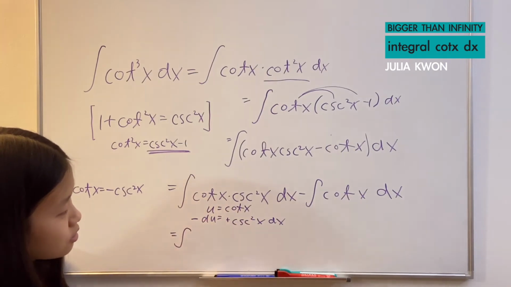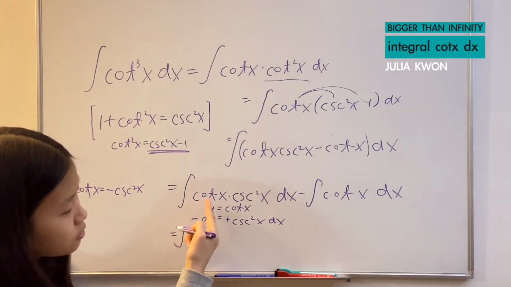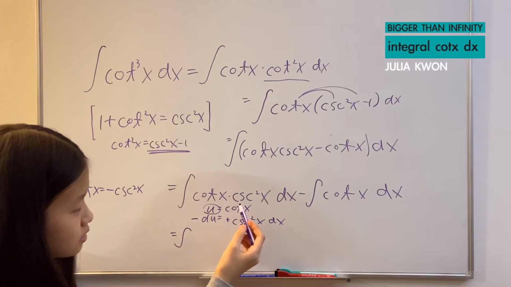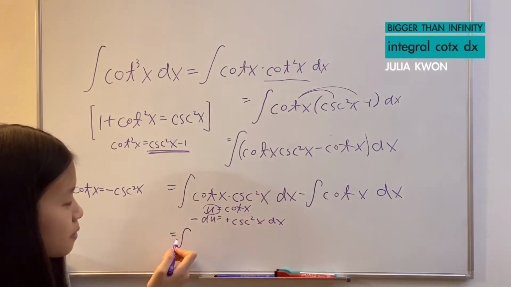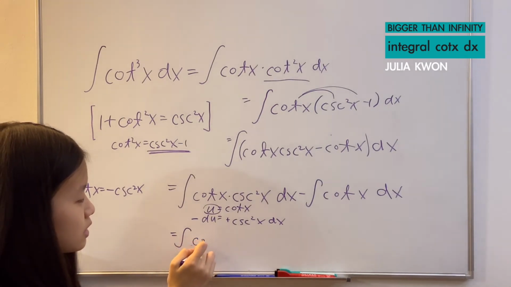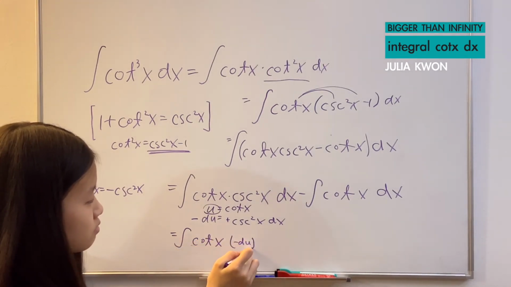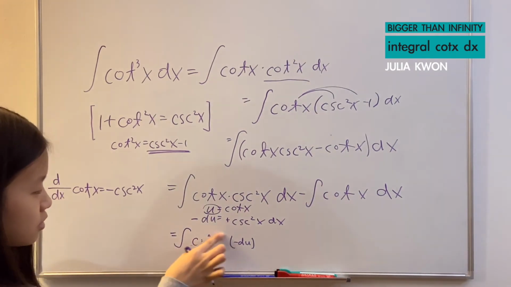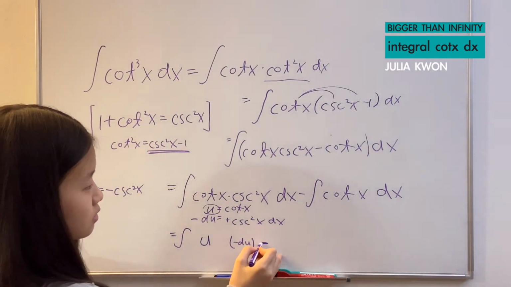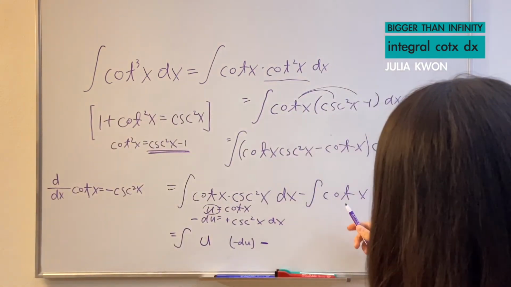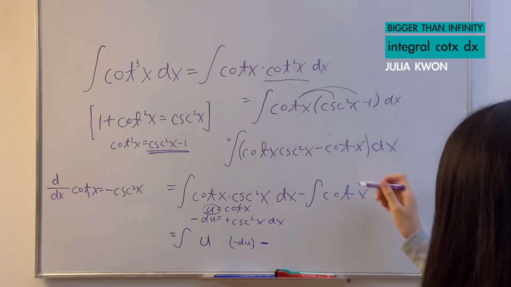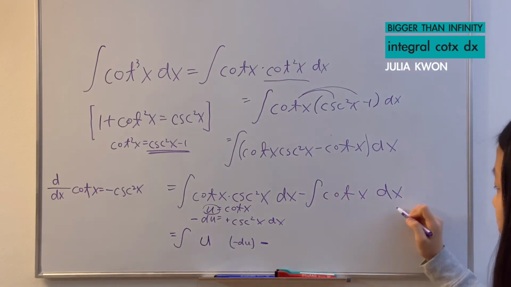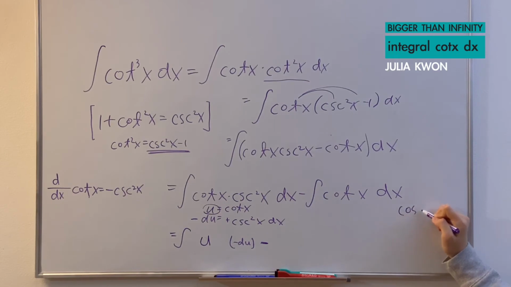Now this would be the integral of cotangent x, which is u, and we replace cosecant squared x dx with negative du. The integral of cotangent x is cosine x over sine x.